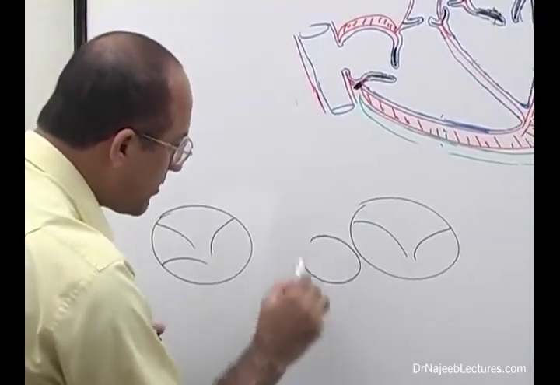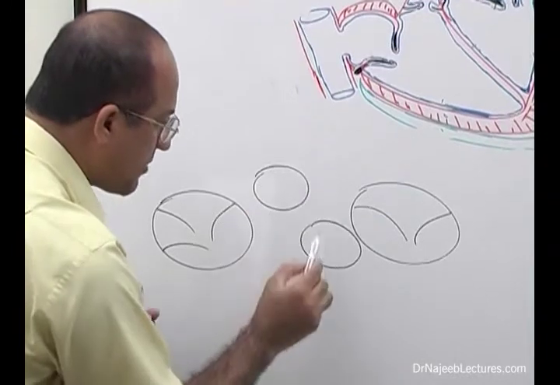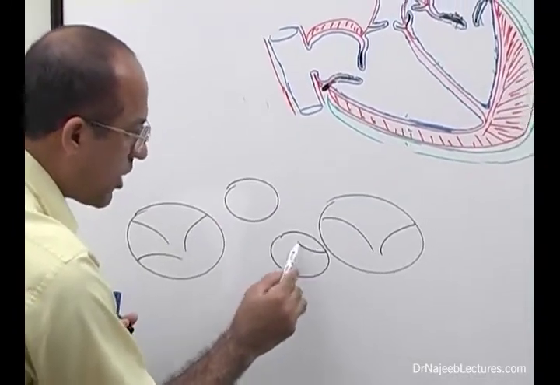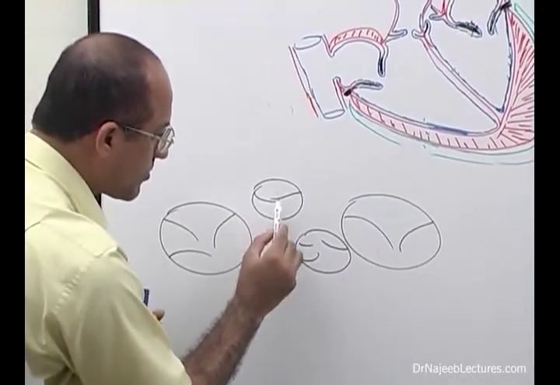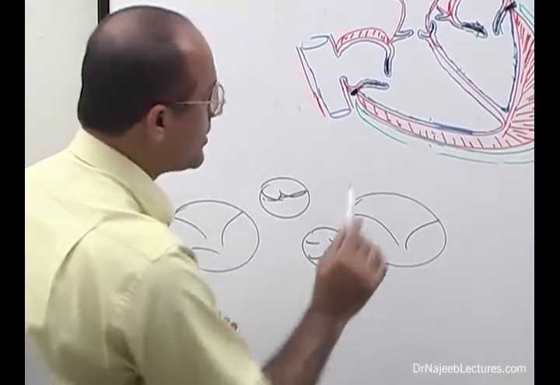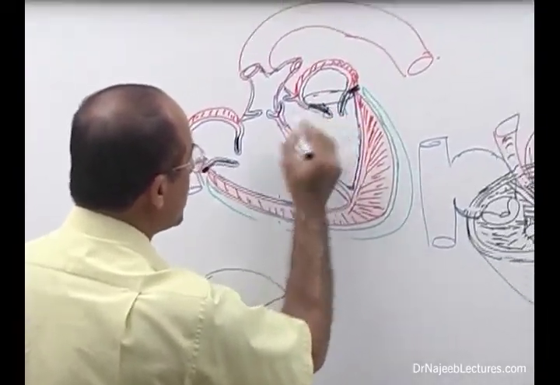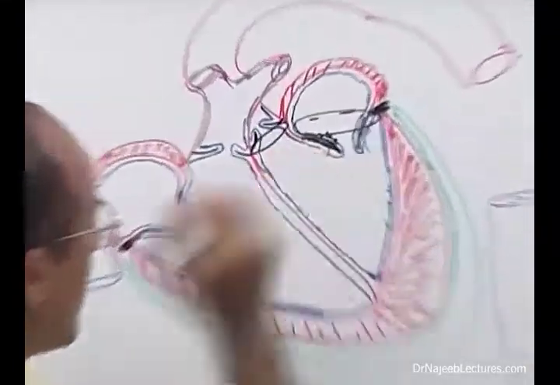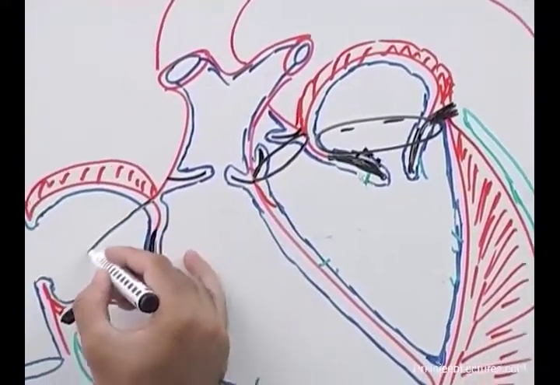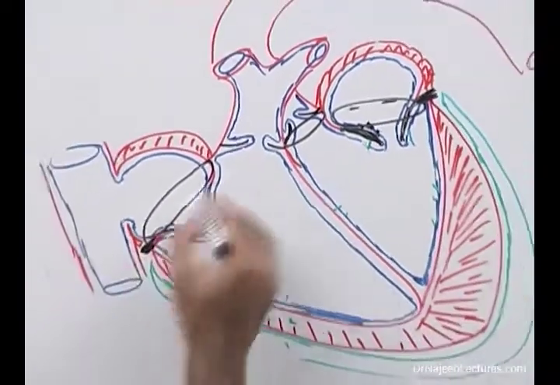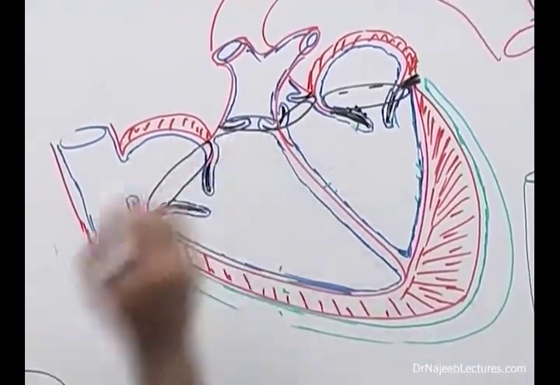But the aortic valve and pulmonary valve, right? They are small valves. Because their ring is from here to here, but here the aortic valve ring is very small. Here again, for tricuspid there is a very big ring, but for pulmonary there is a small ring.